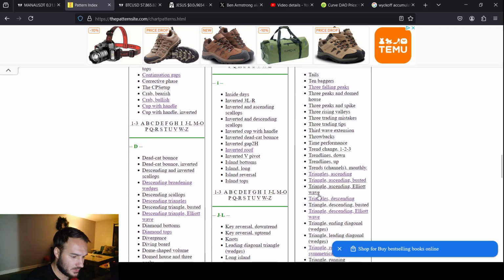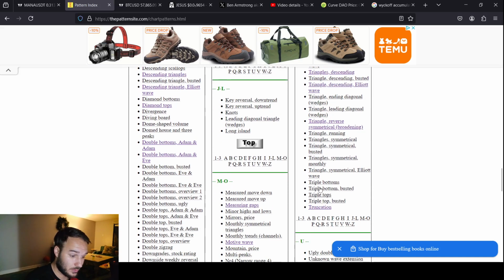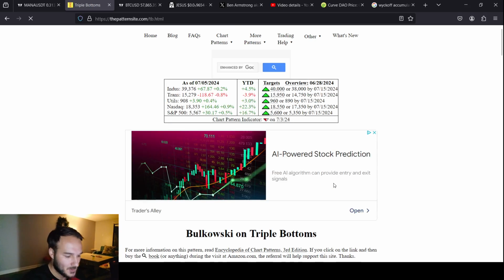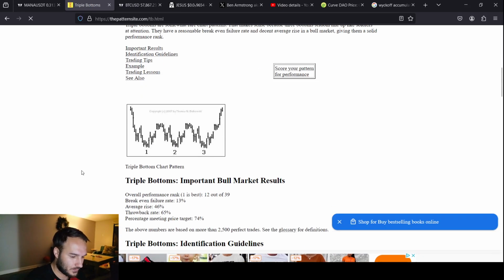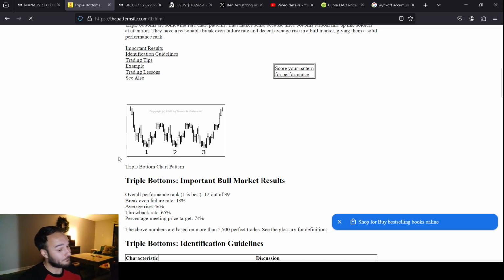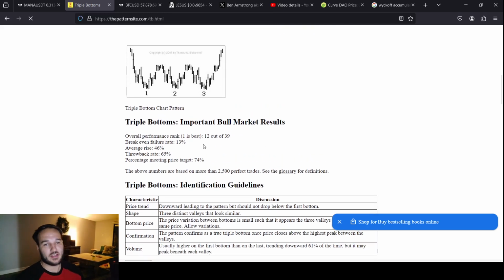A bunch of triangles. Triple bottoms, hey. And triple bottoms busted. We'll go over that too. Triple bottoms. Look at that. Two peaks. This is such a basic pattern. Why did I spend all that time, man?